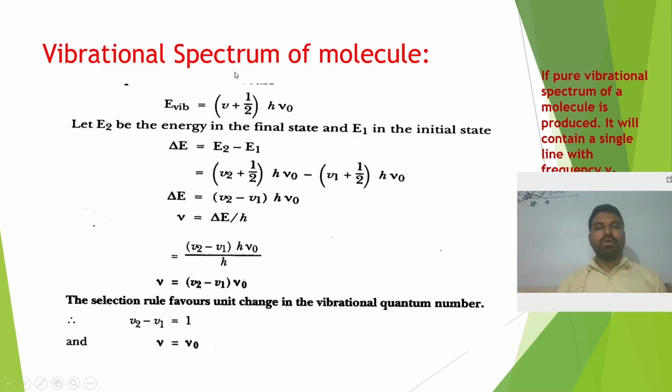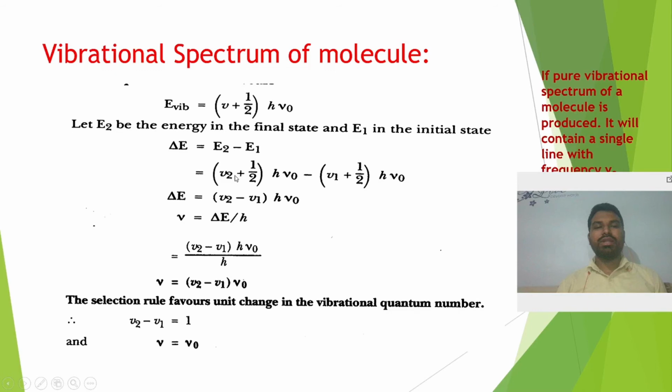Vibrational spectrum of a molecule: E vibrational will be v plus half h nu 0. Let E2 be the energy in the final state and E1 in the initial state. That is, delta E is equal to E2 minus E1, hence v2 plus half h nu 0 minus v1 plus half h nu 0. Delta E will be v2 minus v1 times h nu 0.